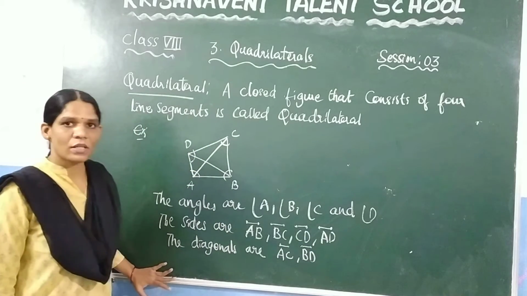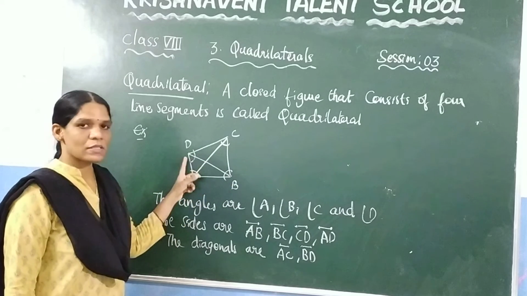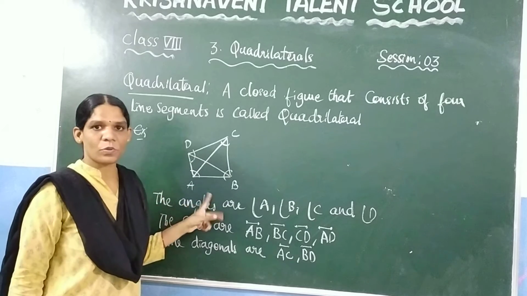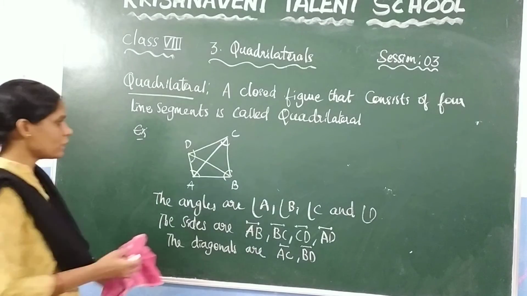And after that, write what is the sum of the angles of the quadrilateral. We have discussed that the sum of the angles of a quadrilateral is 360 degrees. We have done a proof of that also in the previous session. So just make a note of that.